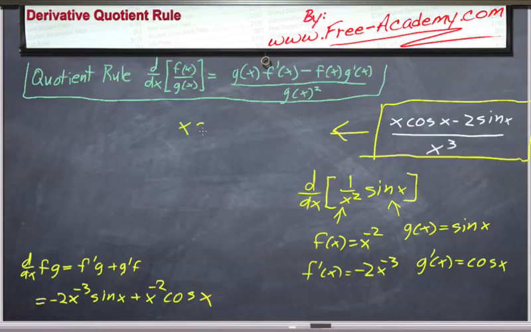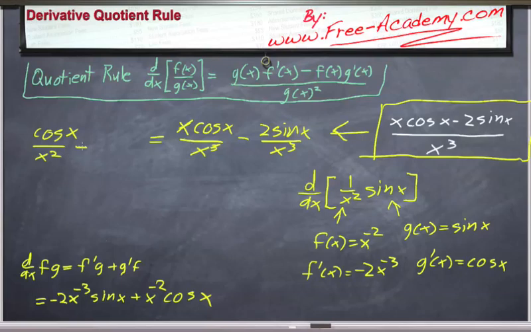So this will be equal to x times the cosine of x divided by x to the third minus 2 sine of x divided by x to the third. We have an extra x here, so this is equal to cosine of x divided by x squared minus 2 sine of x divided by x to the third.